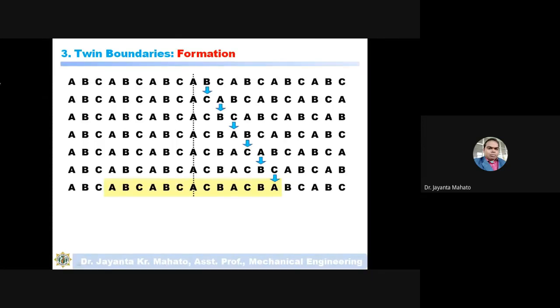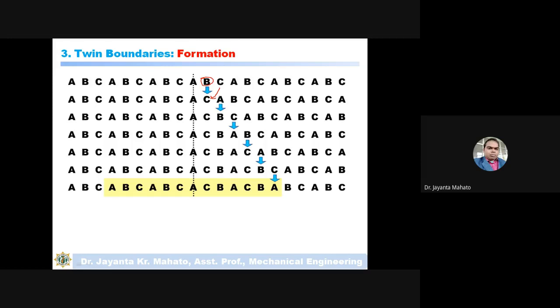Now, if the B plane, meaning the plane containing B atoms, is removed from its regular position, then what will happen? Then after A, this C plane will come, and the next arrangement remains unchanged.